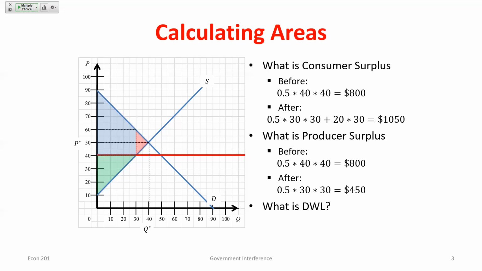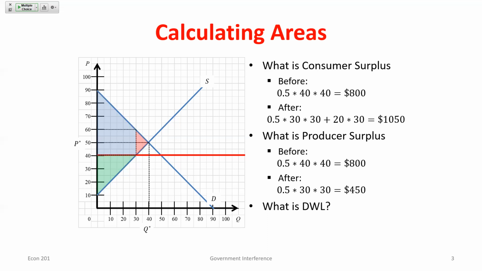Now, if we hadn't already made those calculations, a much easier way would be, if I look at this graph, I know that after the price ceiling, I'm going to be limited to this quantity. So relative to the equilibrium, I'm missing out on selling all these units. So I'm going to miss out on all of this surplus, right? Some of it was consumer surplus, some of it was producer, but that's the surplus I'm no longer going to be realizing.